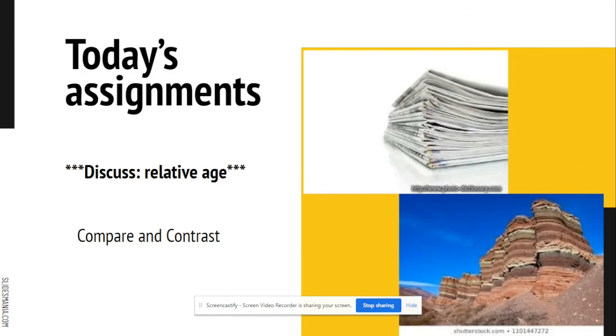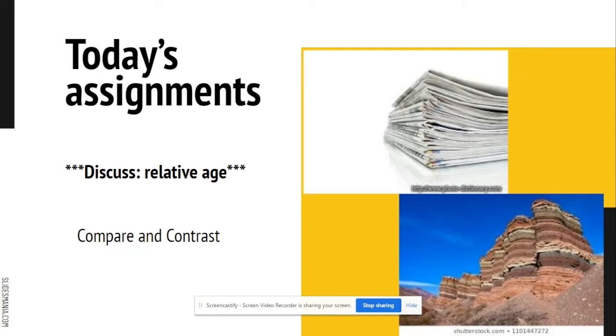So for today's assignments, when we're all finished with the video, you're going to open up the Google form that's in your Google Classroom, and it's only got 2 questions on it for today, and we're going to be discussing relative age. So you're going to use the 2 short videos that we looked at today, the one with the recycling program and the newspapers, and the one that we just watched about those monument rocks out in Kansas and how they formed.